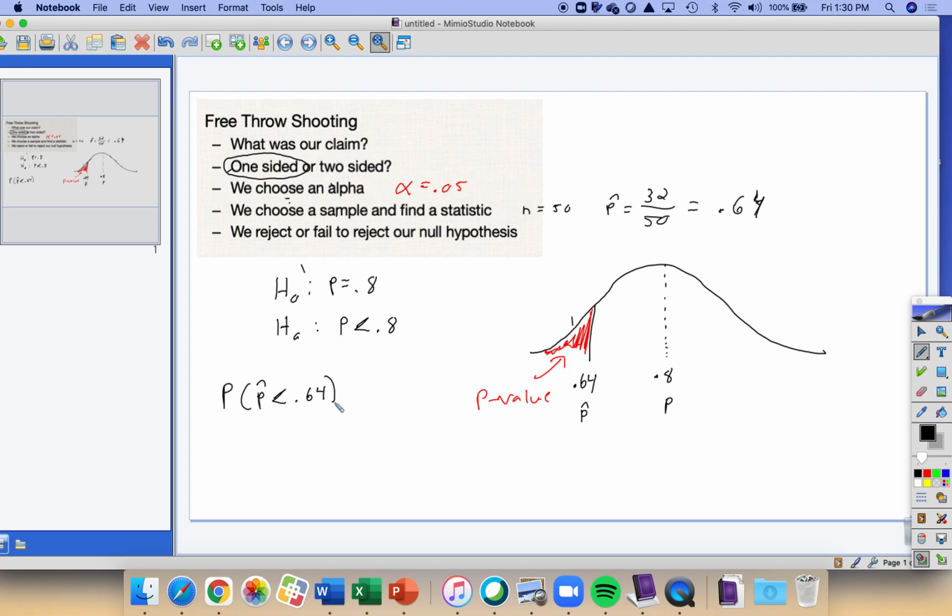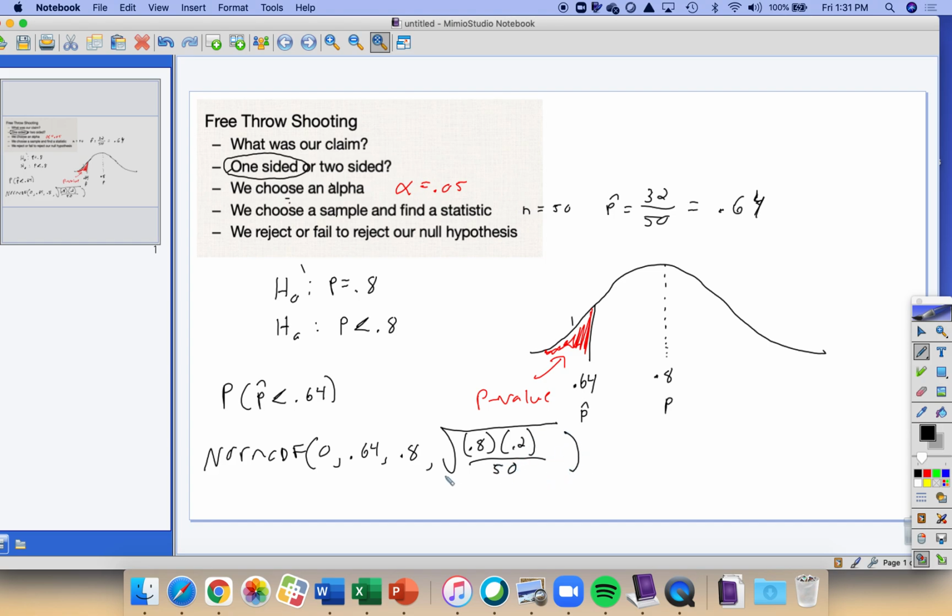We can use a normal distribution. We can say normal CDF, lower bound 0, upper bound is 0.64, mean is 0.8, standard deviation is going to be the square root of 0.8 times 0.2 over n, which is 50.